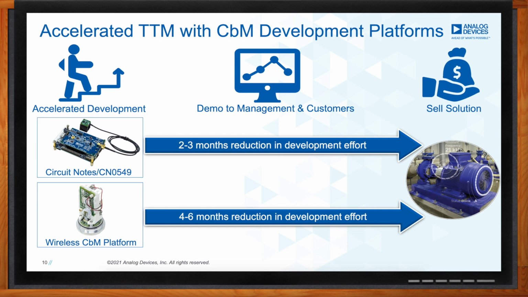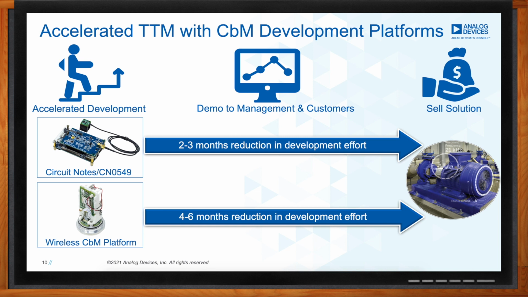And that's where I talk here about these platforms being able to demo to management. And in this case, it's to our customers' management, the value of CBM, and to their end customers, the value of CBM, with a view to accelerating development and the ultimate sale of these new devices. So we have engaged with some of our customers who have looked at these platforms with a view to trying to understand what is the impact from their perspective in terms of the reduction in development effort.